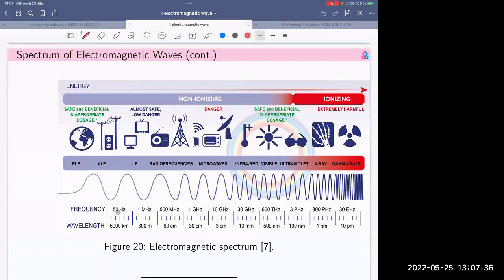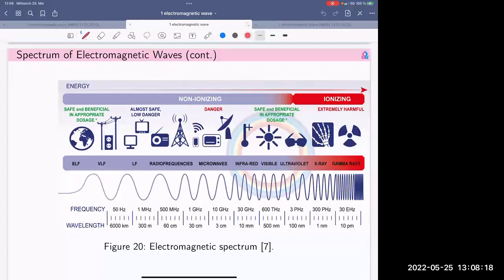You can see the frequency bands: 50 hertz, 1 megahertz, 500 megahertz for radio, and 1 gigahertz for data communication, 10 gigahertz for satellite and microwave, 30 gigahertz for infrared, 600 terahertz is the frequency for visible light, and 3 petahertz for ultraviolet, 300 petahertz for X-ray, and 38 hertz is the frequency band for gamma rays, which is very dangerous, right?